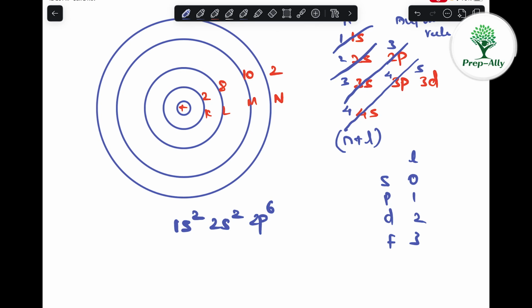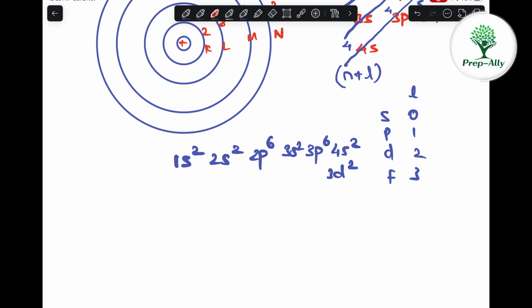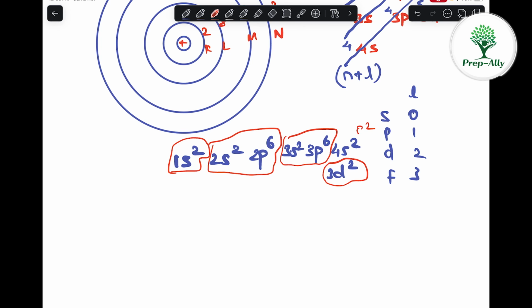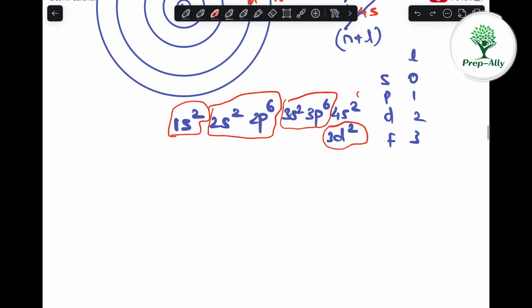So 3s2, 3p6, 4s2, 3d2. Now you can see in the first main shell only 2 electrons, in the second main shell 8 electrons, in the third main shell you have 10 electrons, and in the fourth main shell you have 2 electrons. Now what about this third main shell? D orbital, right? I know the d orbital will have a degeneracy of 5.